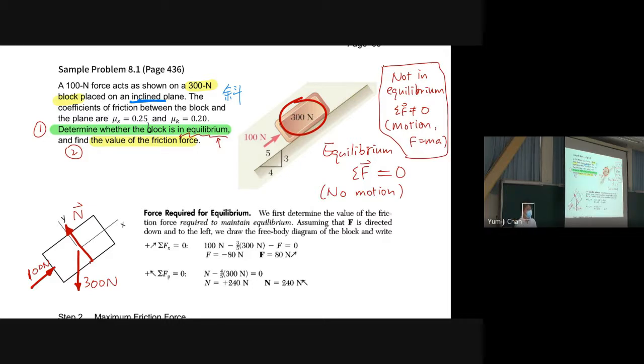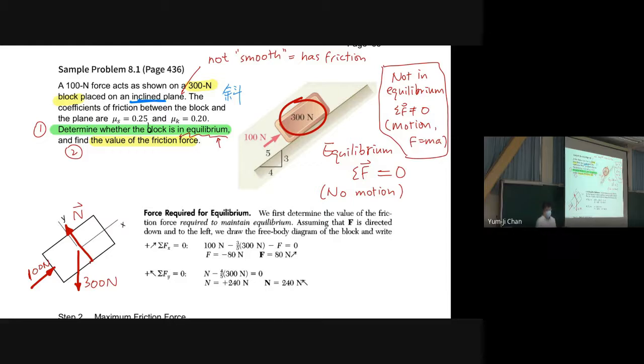And the last thing is we have a force because we are not saying the plane is smooth, so it means we have friction.